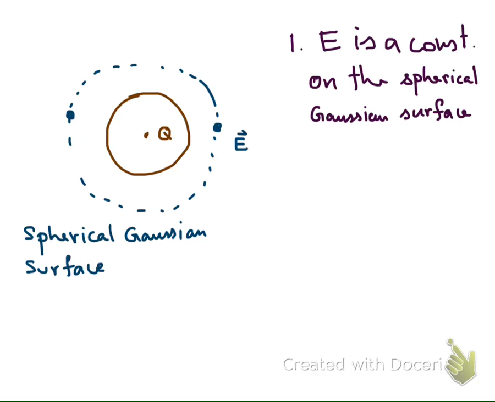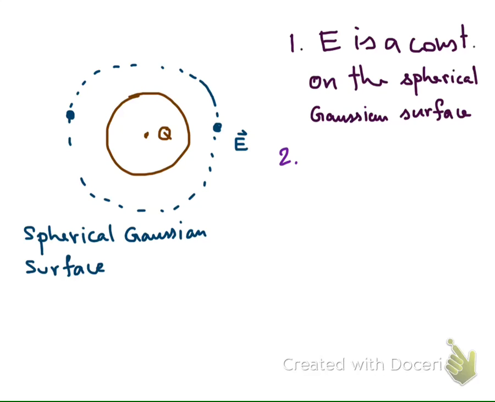The magnitude of E should be the same on the spherical Gaussian surface, which is concentric with this object.